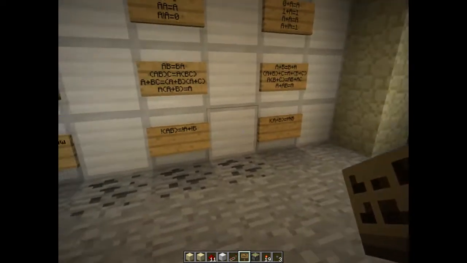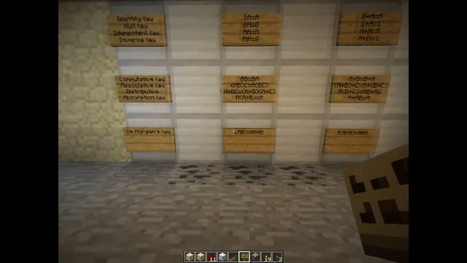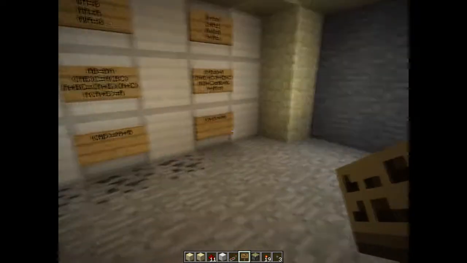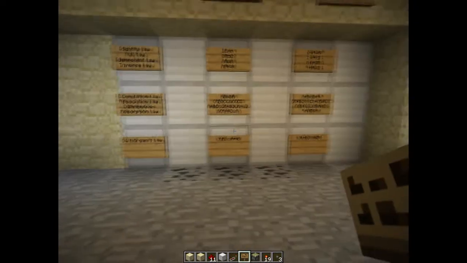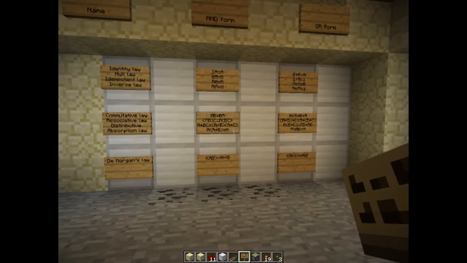The notation gets a bit tricky since I can't put a dash over here. Anyways, this is what you would normally see, and so these are some of the identities of our Boolean algebra.